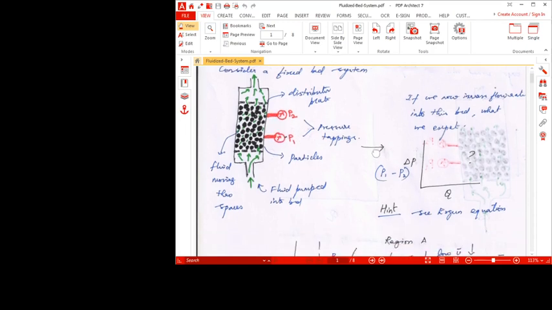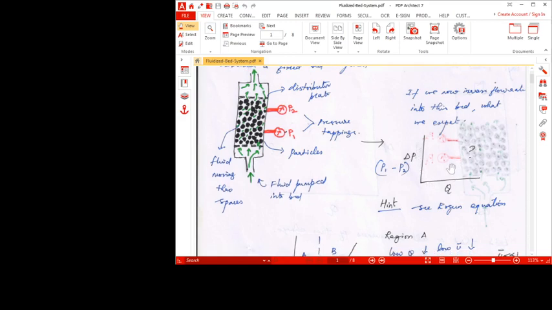So if I ask you the question, suppose on a plot we plot this frictional pressure drop between P1 and P2 at different flow rates, where Q here is the volumetric flow rate. It could be volumetric flow rate or mass flow rate or the superficial velocity. Suppose I plot pressure drop versus superficial velocity, can you tell me how this plot will look?